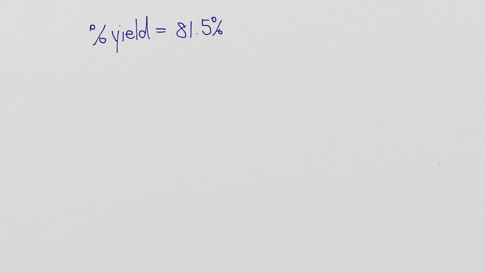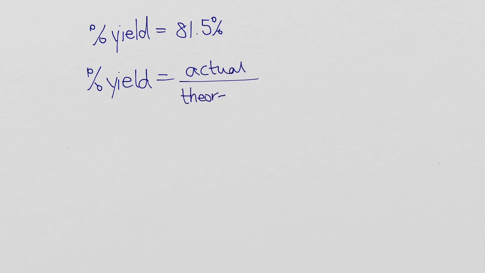The equation for percent yield is actual yield divided by theoretical yield times 100%.